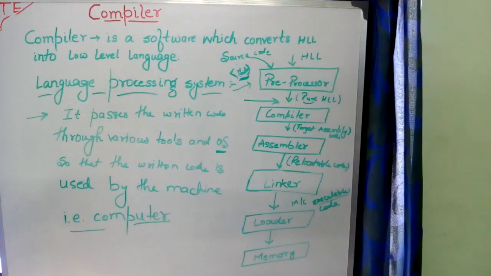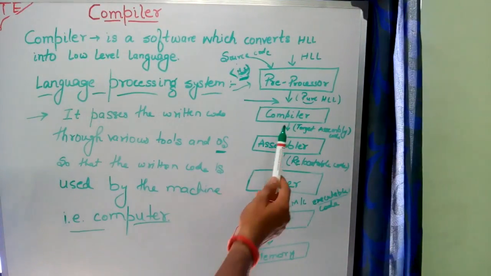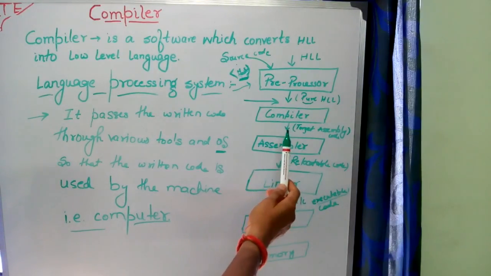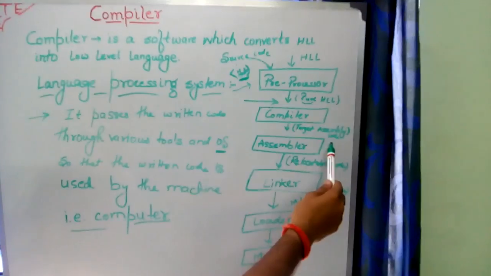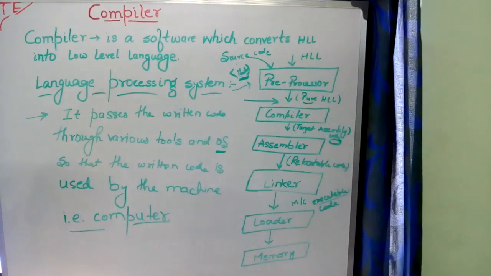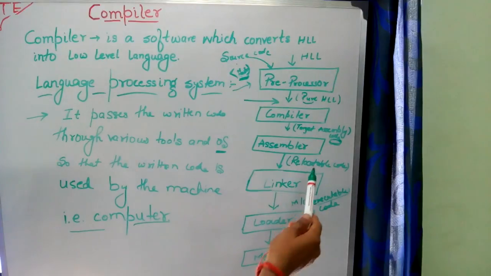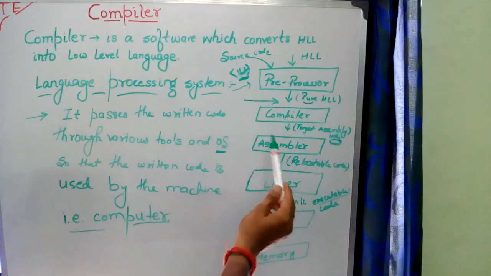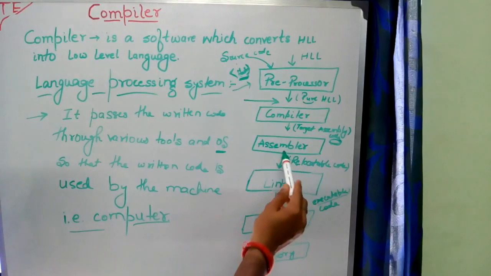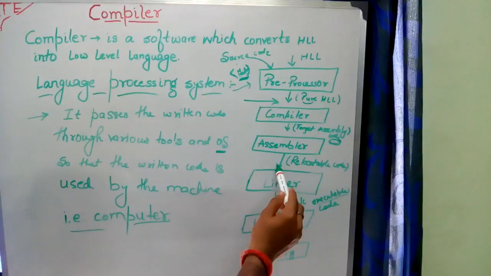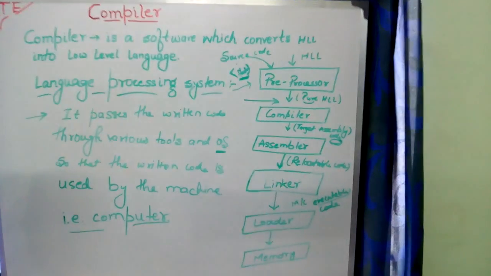Now the compiler converts that pure high level language into a target assembly code. This assembly code is understandable by the machine, but it requires some processing, because the assembler will convert it into a relocatable code.